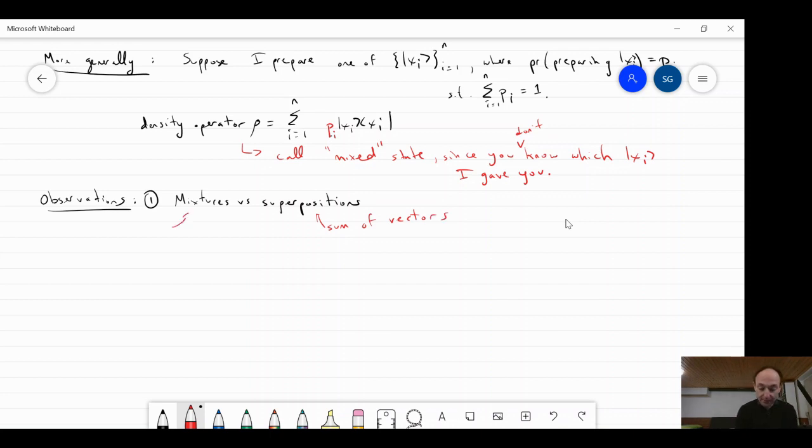And mixtures, if you'll notice, each of these terms is a linear operator that acts on whatever dimension these vectors live in, say C^d. It's a matrix, not a vector anymore. So mixtures are a sum of matrices, not vectors. And here we have total knowledge of the state.